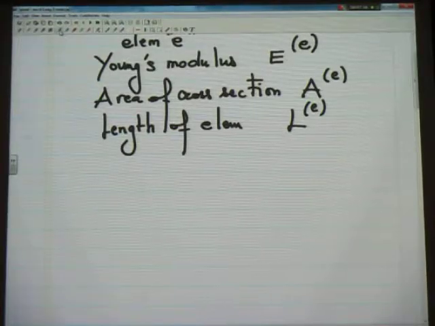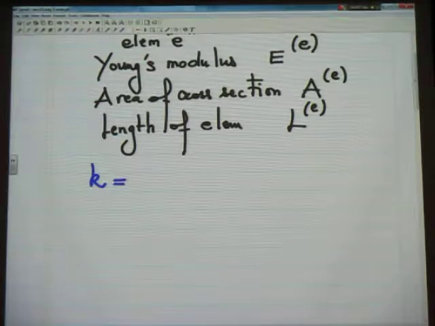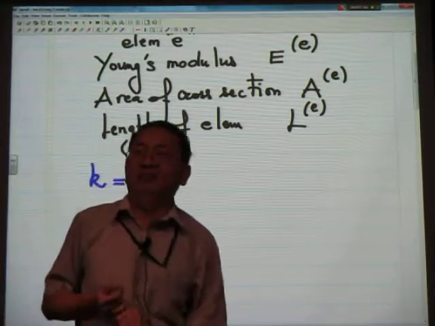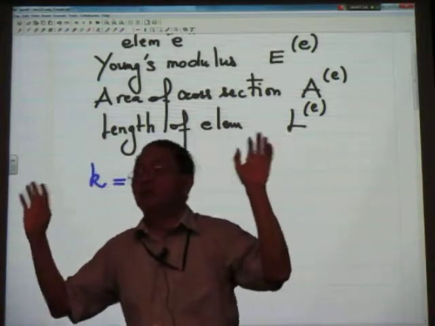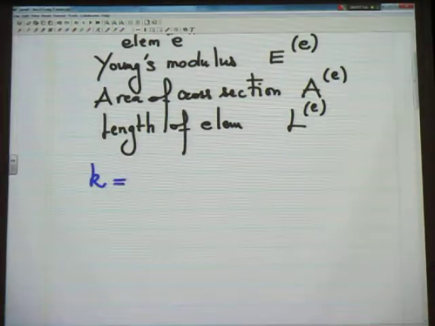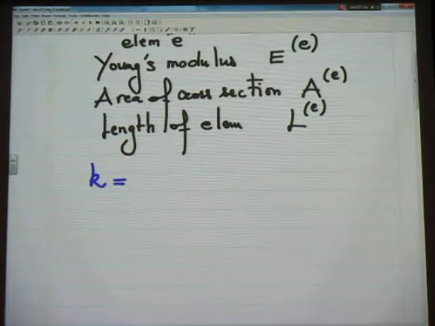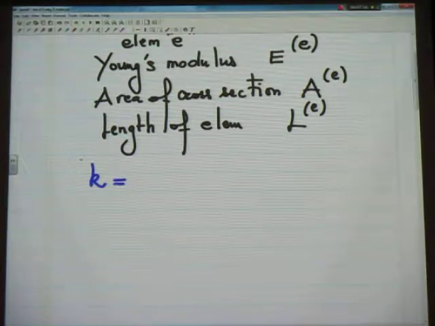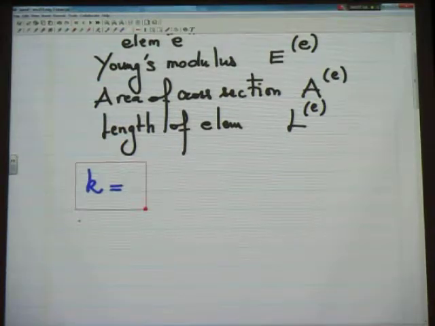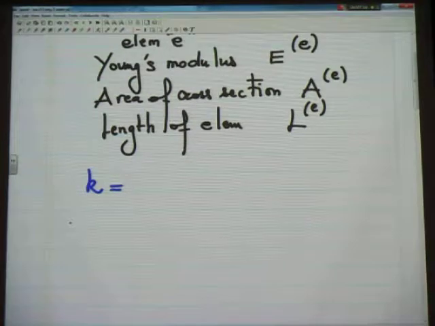Essentially, what I want to write is the equivalent spring constant in terms of the Young's modulus, the area of the cross section, and the length. Do you remember, Kevin? EA over L. Yes, EA over L. Very good.